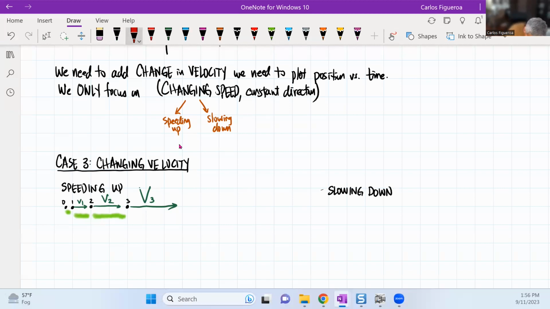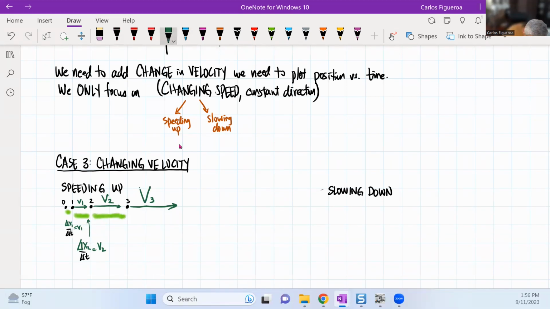So if you look at my intervals, this is x1. And because this is x1, our speed in this case should be like that. But our next speed, right here, has a bigger displacement, so its speed is higher.